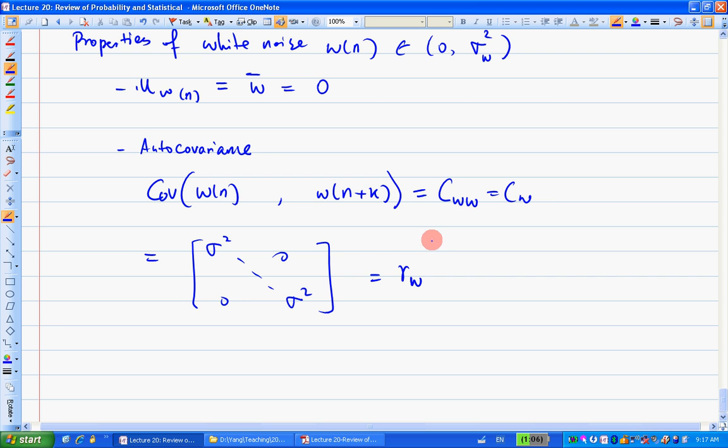Because we're comparing two different random variables separated by k, so let's use k here, and R W separated by k. According to the definition, this is W of n and W of n plus k, or minus k, no matter. So the autocovariance and the autocorrelation R W are the same thing in this white noise process.